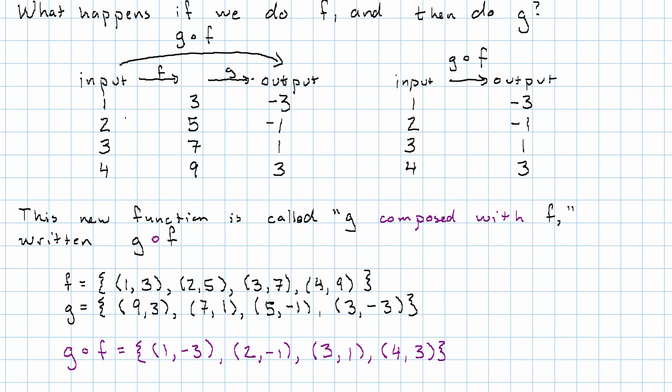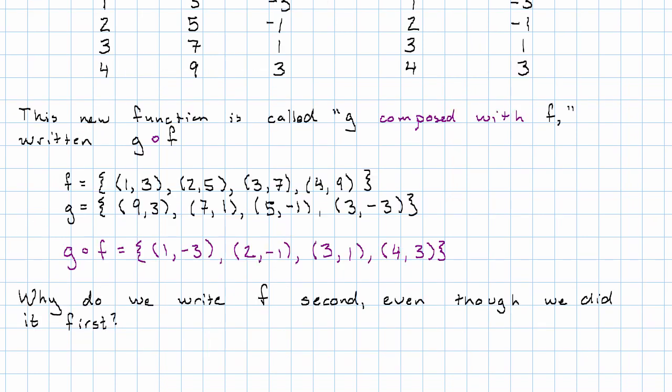Okay, so we did f, and then we did g. Why did we write them in this order? Why did we write f second, even though we did it first? And the answer to that has to do with the function notation.